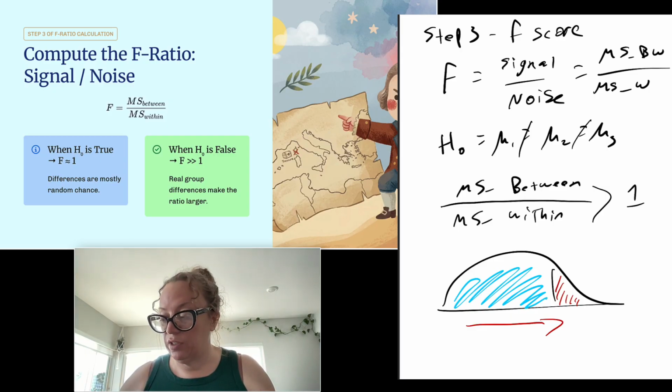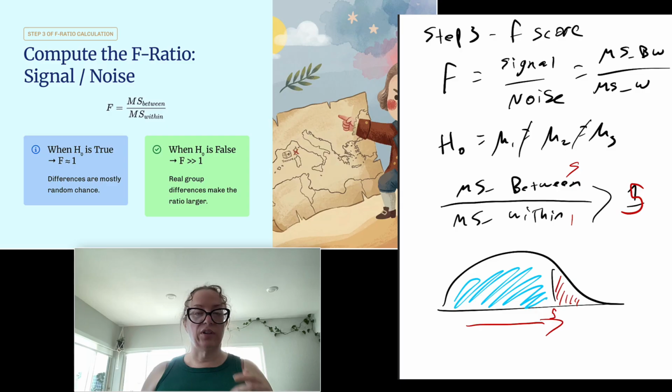So if this is, you know, I don't know, 5, just pick a random score, and this ends up being, I don't know, 5 over 1, which equals an F ratio of 5, then now your F is significant. It's gone into that rejection region. We say the null hypothesis is dumb, it's not true.